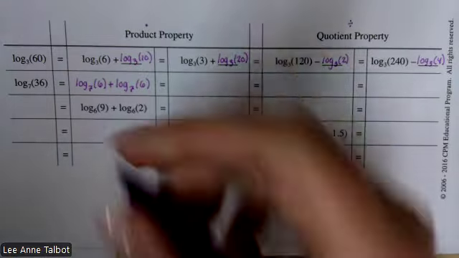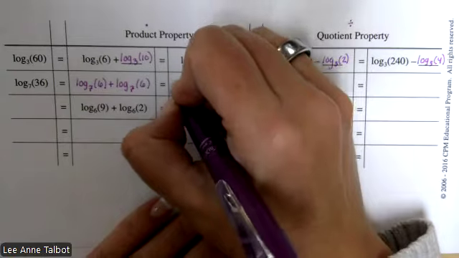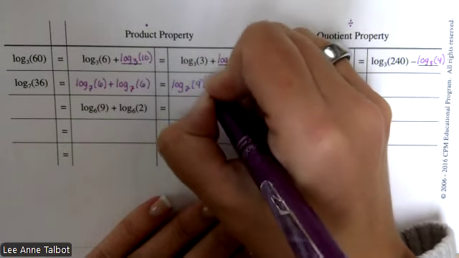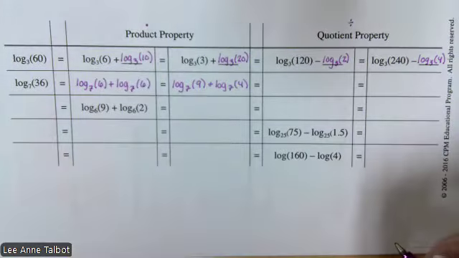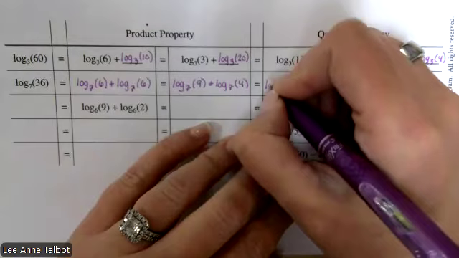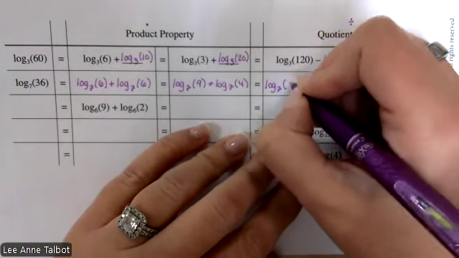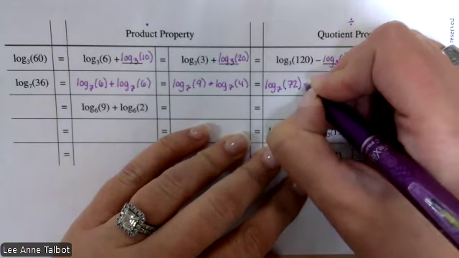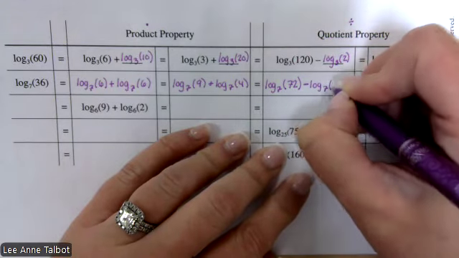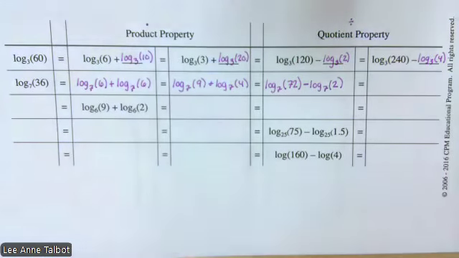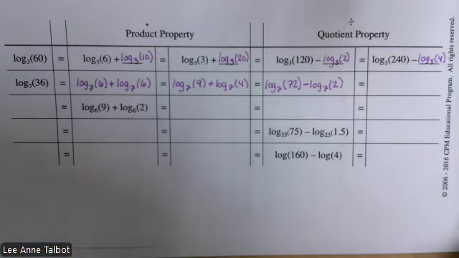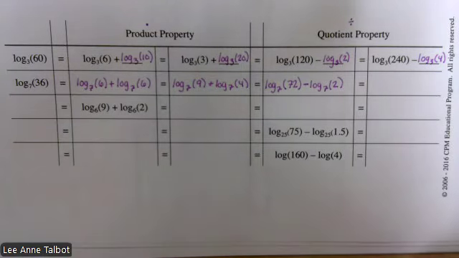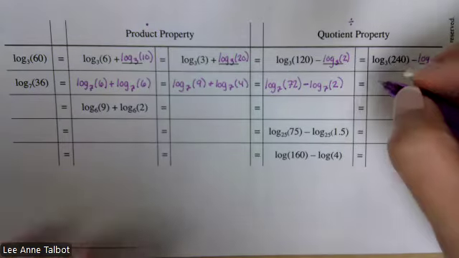Did I get them all? Okay, and then it seems as though on the division ones, I get really lazy. 144 divided by 4.